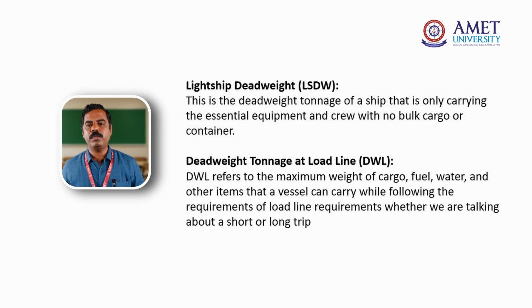The dead weight items are consumables, basically cargo, fuel oil, diesel oil, lube oil, etc. Altogether we call it the total weight. The point where the total weight acts is called the center of gravity of the vessel.